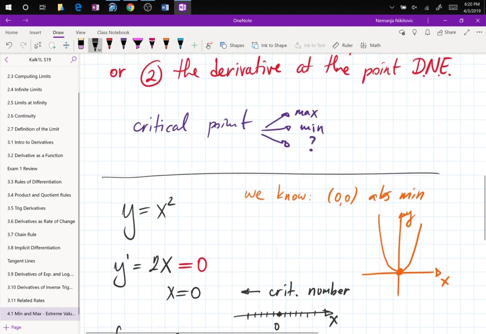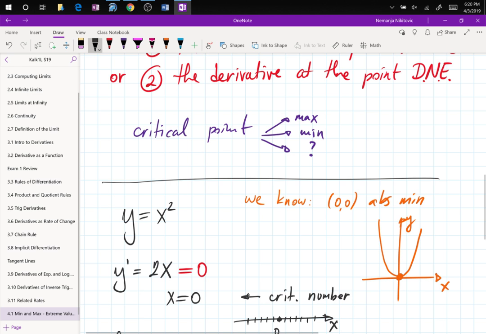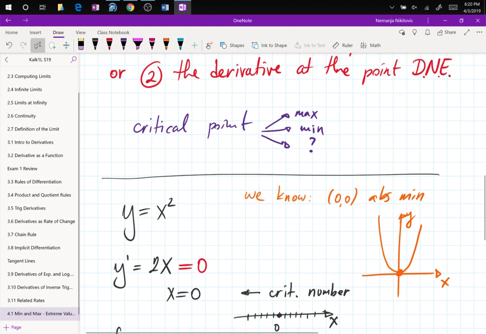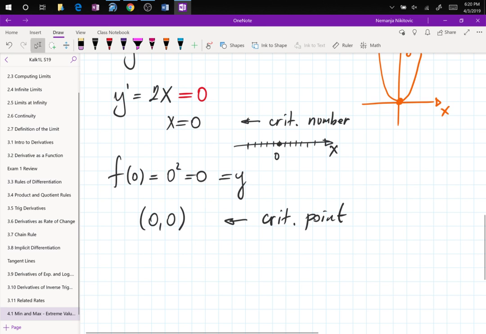Now, as we discussed above, in purple, the max and the min. It can be max, it can be min, or this third mysterious thing that will be revealed next week.